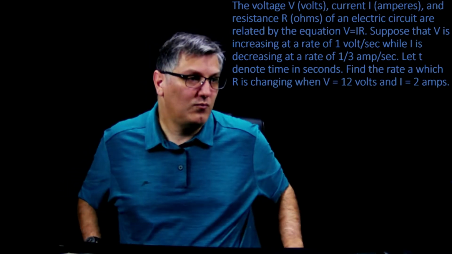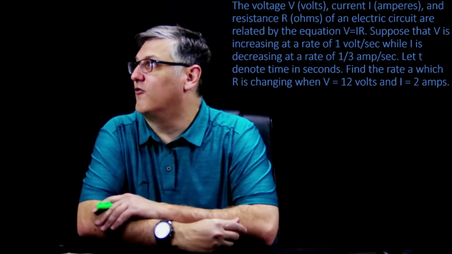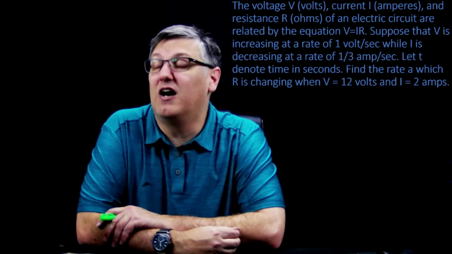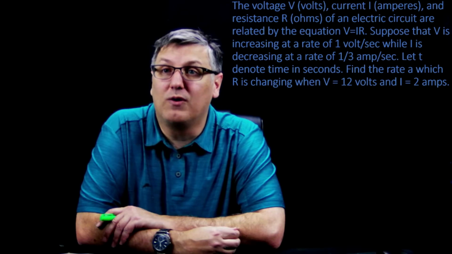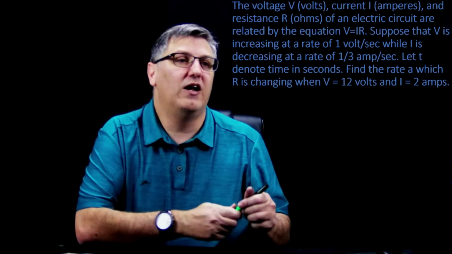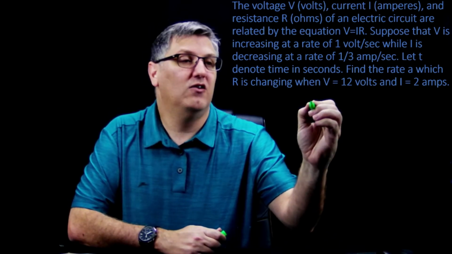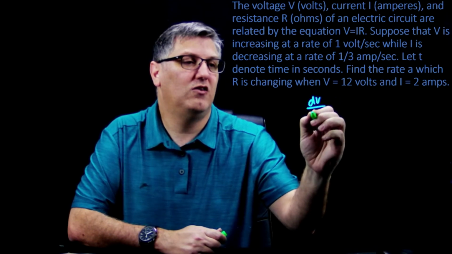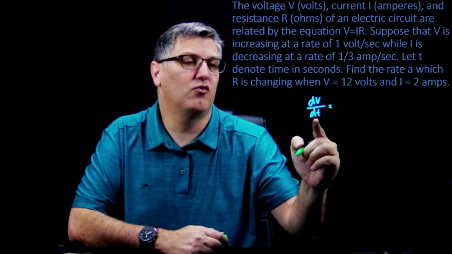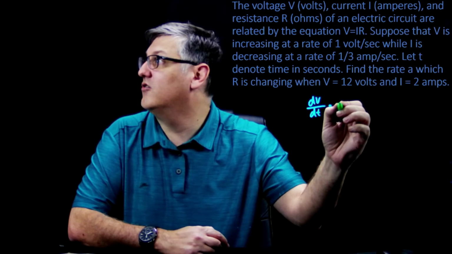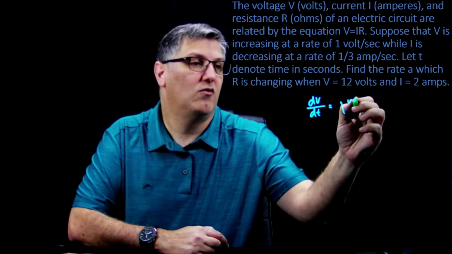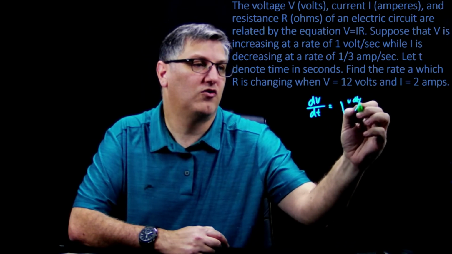Okay, well, this seems on the surface like it's really bad, but it's not. We're going to write down what we have. I know that my dV/dt, my change in volts over time, is 1 volt per second.